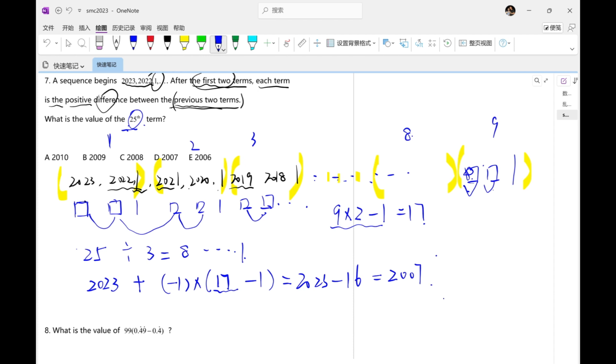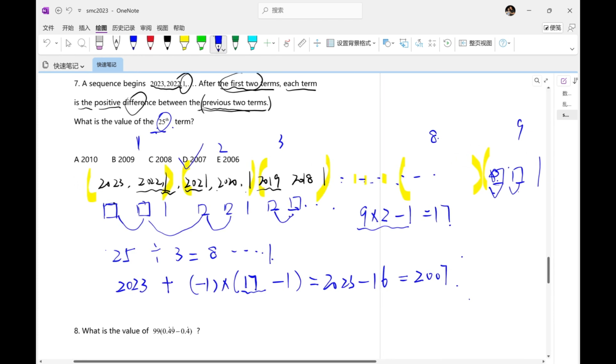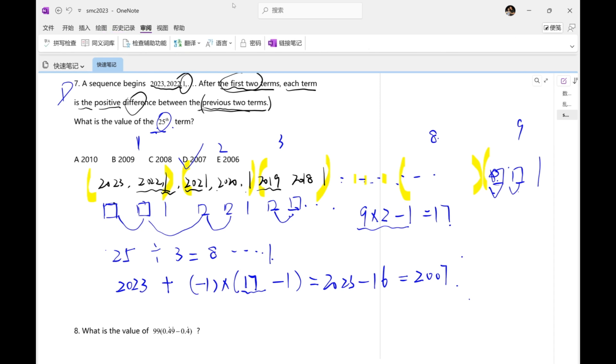So the final result is option D, 27. It is like a periodic sequence, but it is not completely periodic, because for each group, the first 2 terms are consecutive integers.